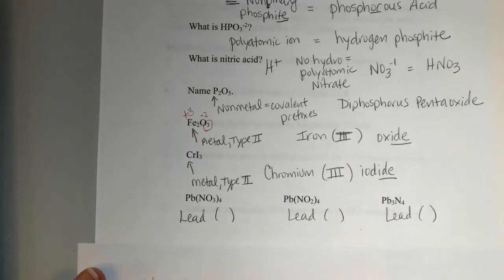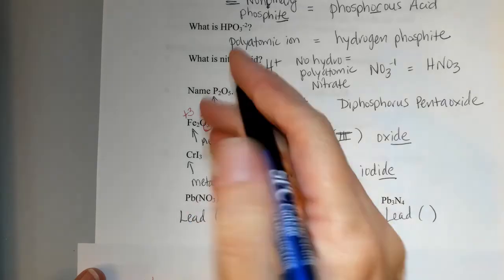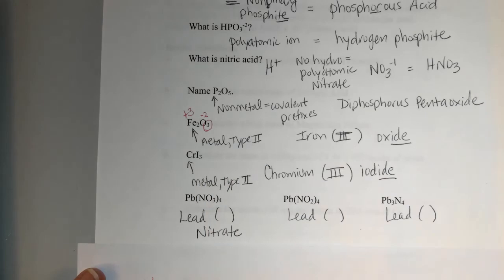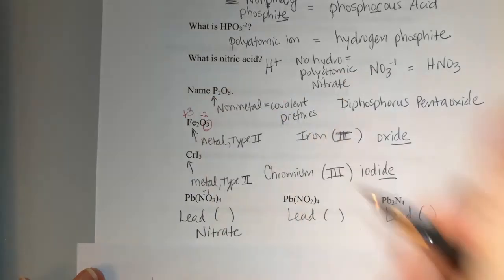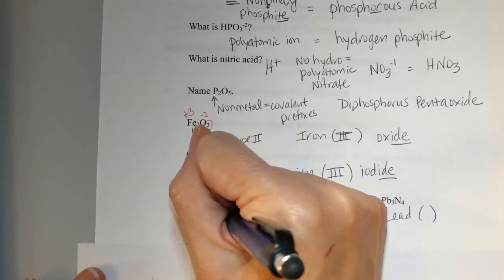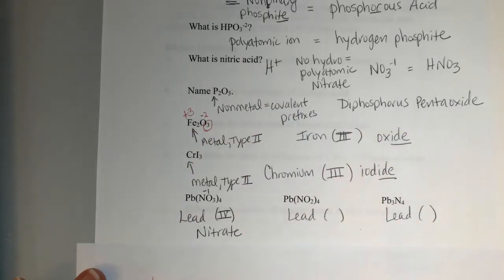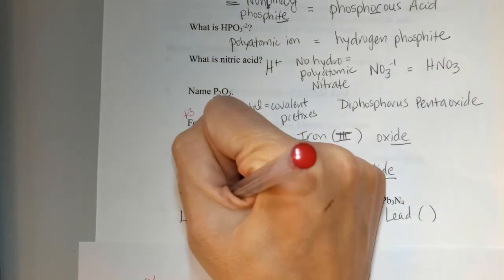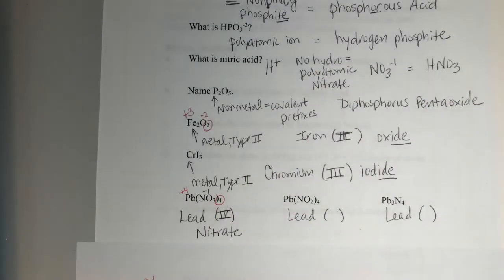But what changes is in Pb(NO3)4, NO3 is a polyatomic called nitrate. And nitrate carries a -1 charge each. Since there are 4 in the compound, the lead must be a +4. And again, you can see that the crisscross is working for you here. That charge of 4 is coming from the subscript on the nitrate.